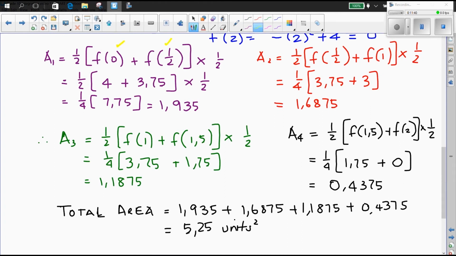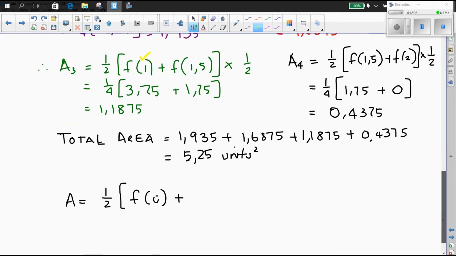In area 2 we had f of a half plus f of 1. Can you see that f of a half is repeated? In area 2 we found f of 1, and we needed f of 1 in the third area as well. So f of 1 is repeated. And if you scan, you can see f of 1 and a half is repeated.